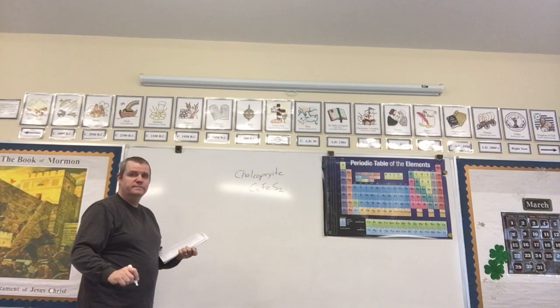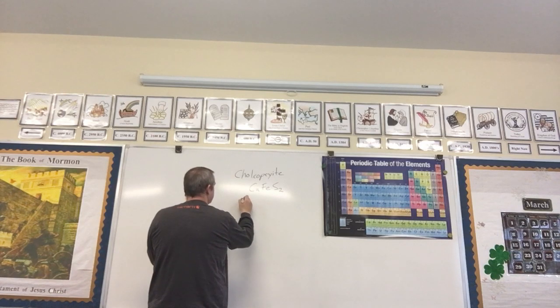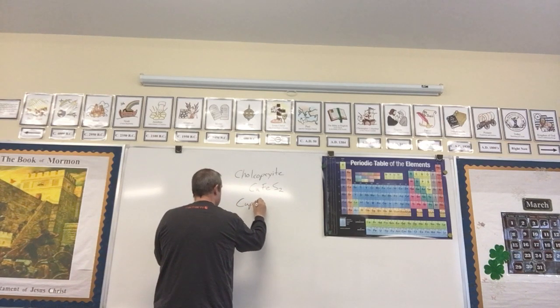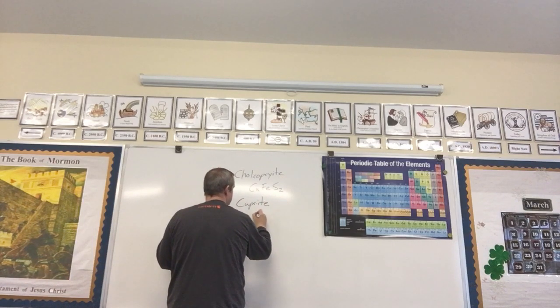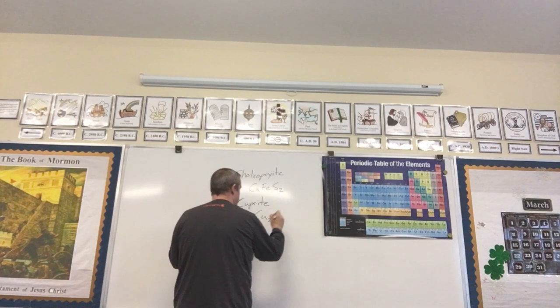And the next type of copper ore is made up of cuprite, which is copper oxide, which is just copper like that.